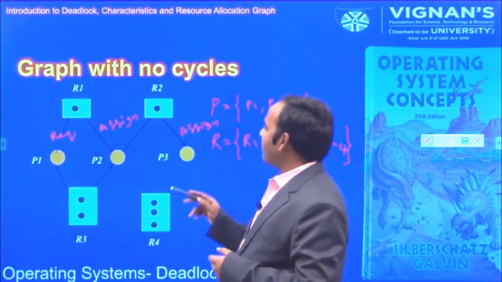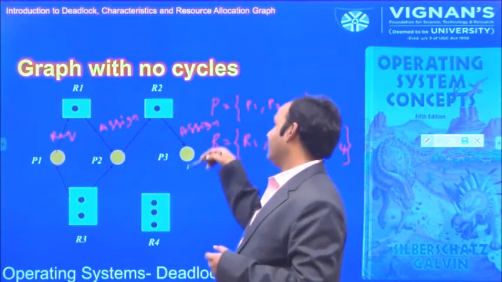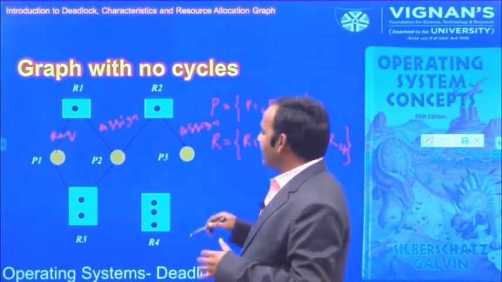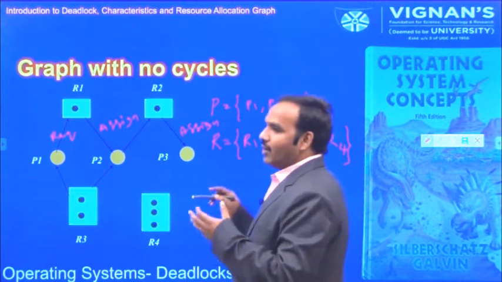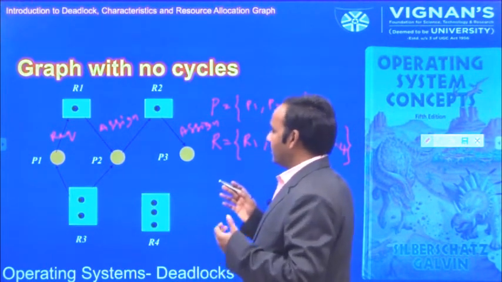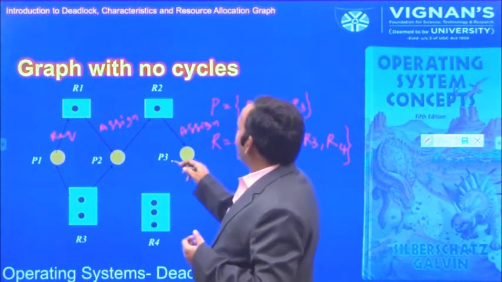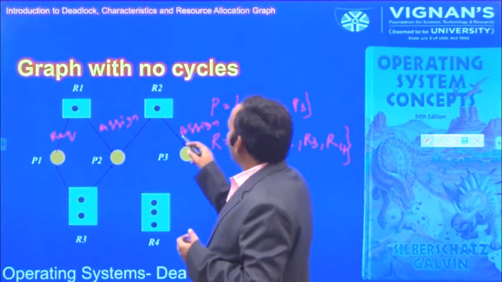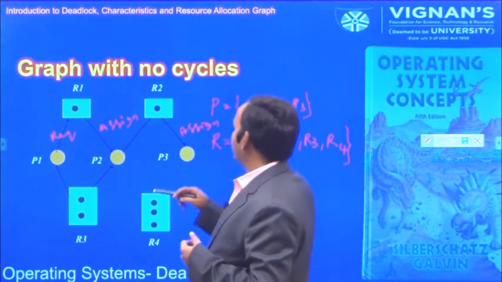So here, find if there is any deadlock. In this representation, deadlock means that a process is unable to continue its execution. Coming to P3, P3 needs only R2.